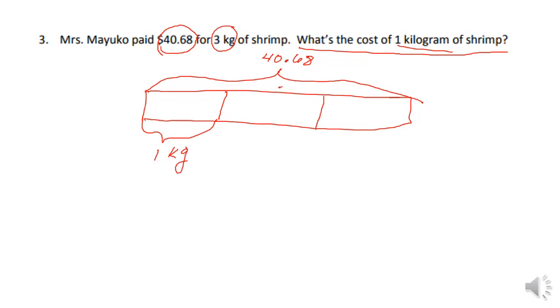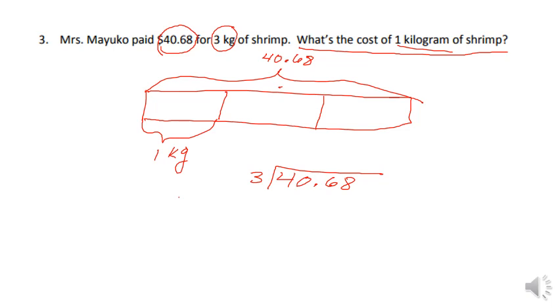Now they want to know how much 1 kilogram is. So I know that if I take $40.68 and divide that by 3, it's going to tell me how much 1 kilogram is.